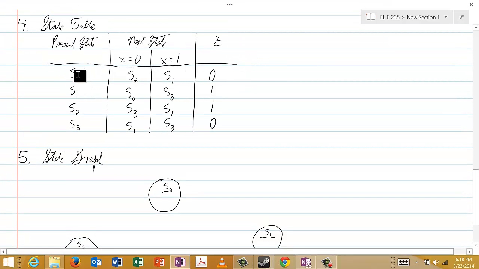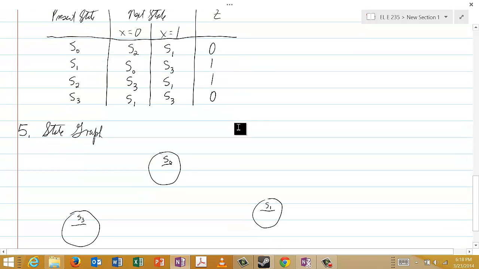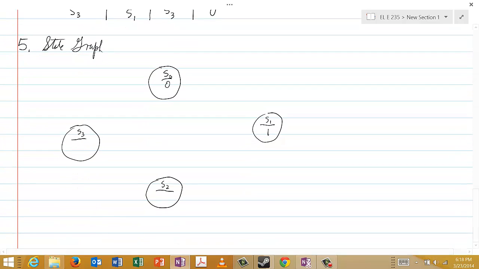When the state is S0, the output is always 0. When the state is S1, the output is always 1. When the state is S2, the output is always 1. And when the state is S3, the output is always 0. So we can just put that information in these circles, 0, 1, 1, and 0.